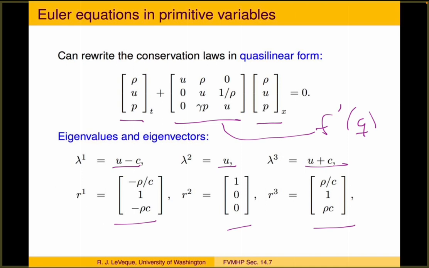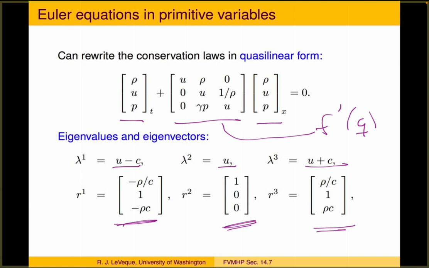So these are eigenvectors in terms of rho, u, and p. And one thing you note is that r1 and r3 look fairly similar, and those again correspond to the acoustic waves. r2 is particularly simple, and it shows that there's variation in density, but not in u or p.